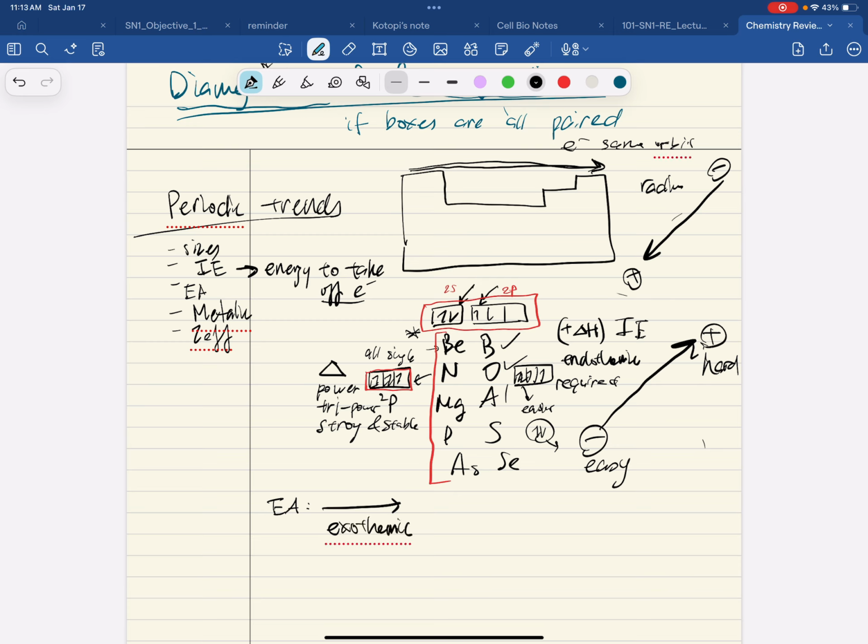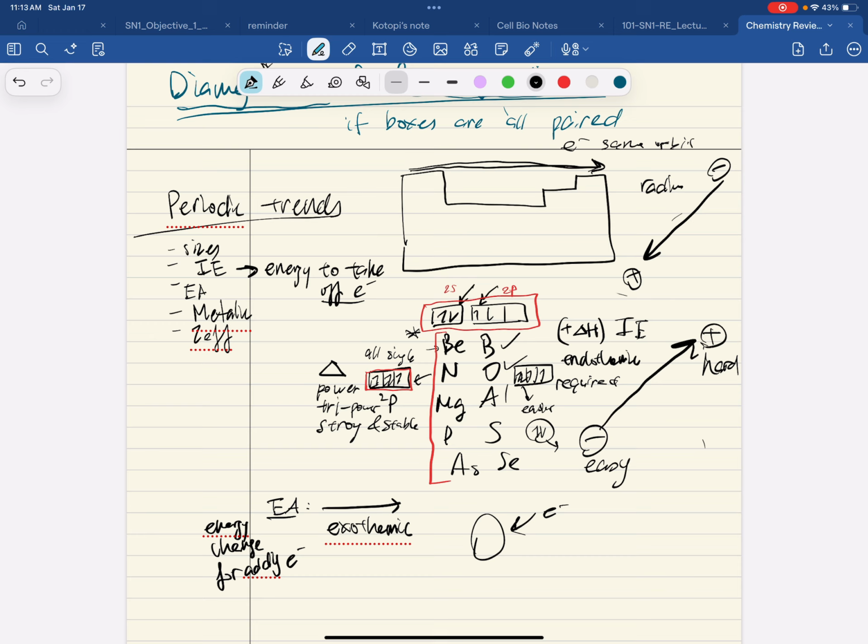First of all, electron affinity means the energy change for adding an electron, and adding an electron would usually be exothermic, though it could be endothermic depending on the situation of the atom, but it is exothermic because it releases energy by adding an electron.